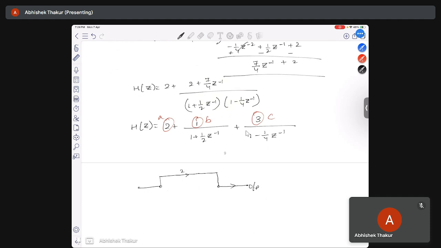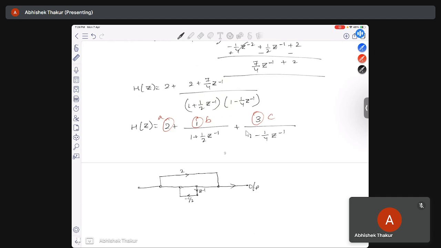Second is minus half, and that is z inverse.